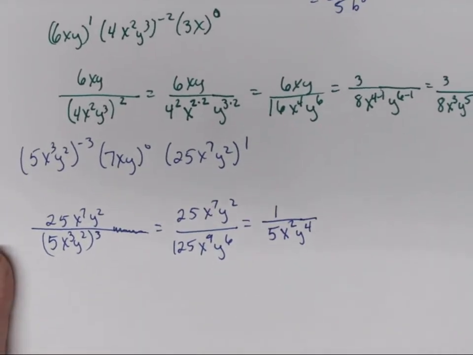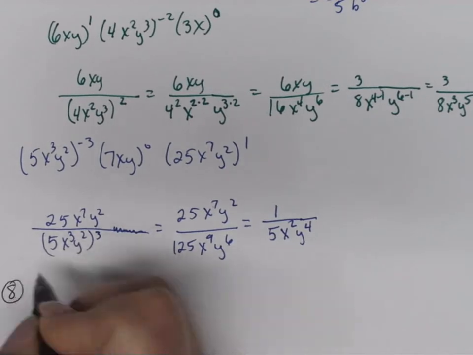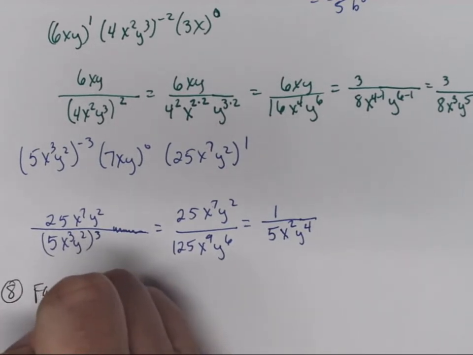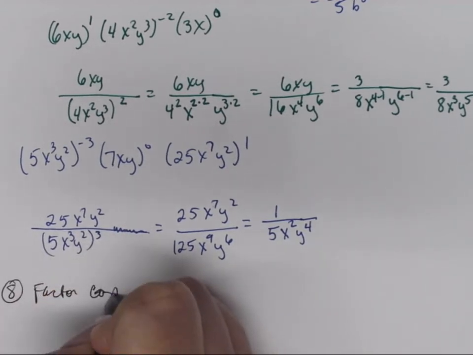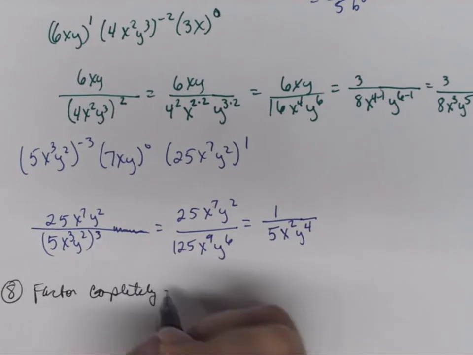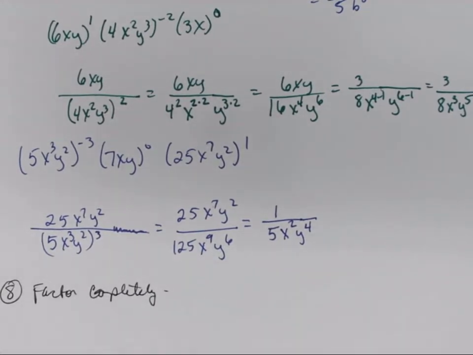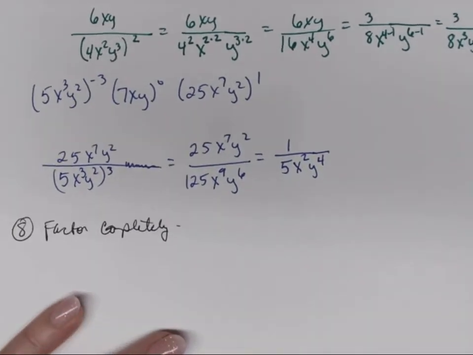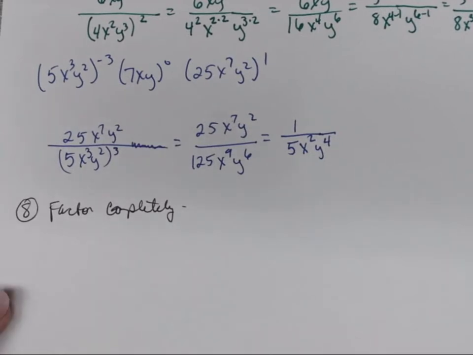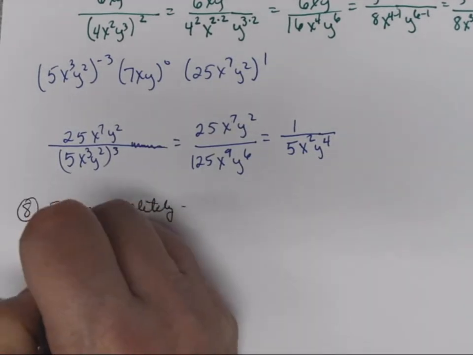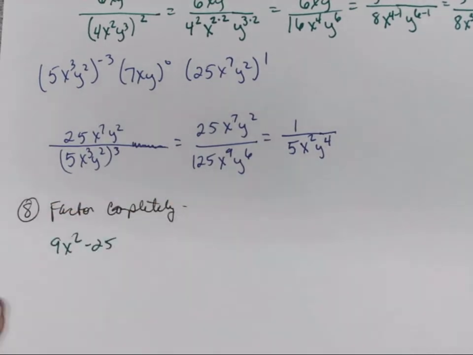All right, next part. We're going to factor completely. So the first one we're looking at is difference of squares. So if we look at the example of 9x squared minus 25, this is a square, this is a square, and this is a square.